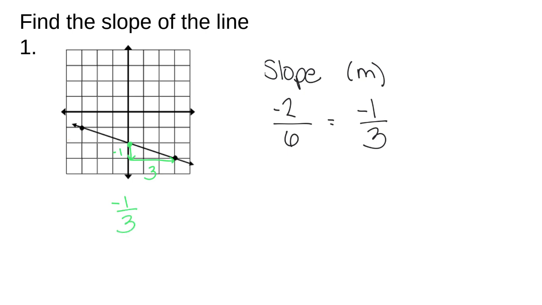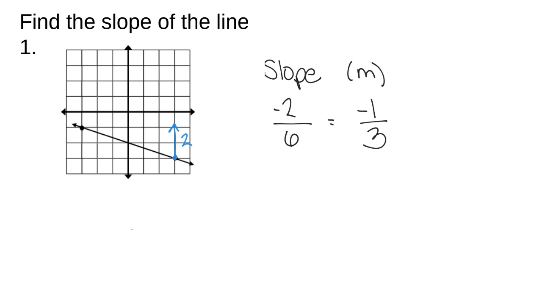It doesn't matter where you start on this line and where you stop on this line. The slope is consistent throughout this line. You could actually even do it a different way. You could have chosen to start at the bottom with this point and go up first. So if we're going to rise 2, that's a positive 2.